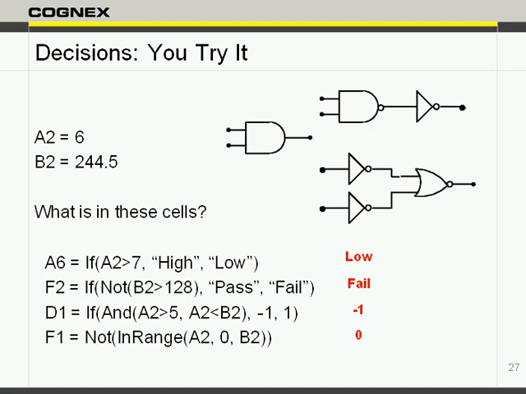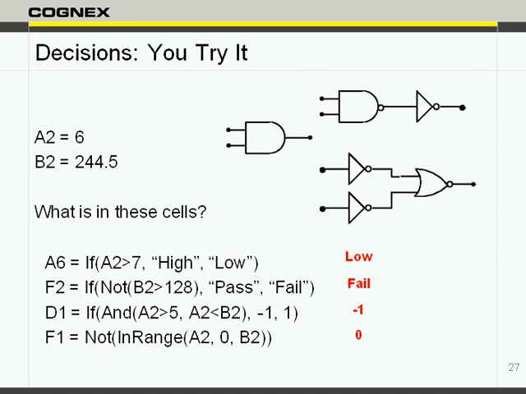Correct. The third example, in cell D1, we have a formula. Again, this is an and statement within an if statement. So we're going to look at the and first. Keep in mind, in an and, everything must be true for the statement to be true. So A2 is greater than 5. A2 is 6. Is 6 greater than 5? Yes, so that's true.